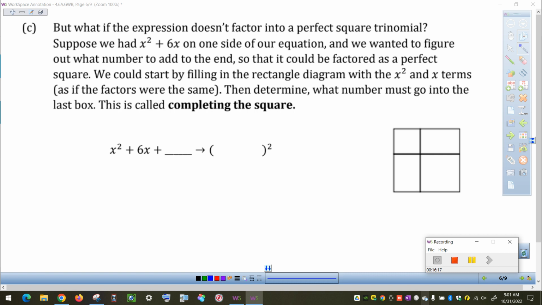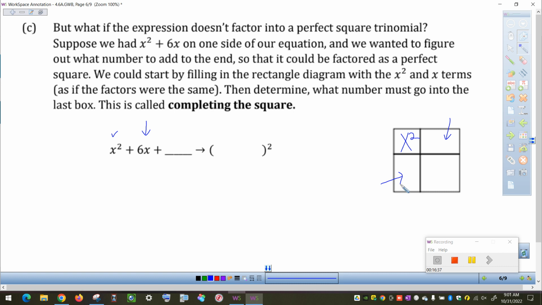I'm going to start over here with that rectangle diagram because we know some pieces, but we have to figure out a missing piece. So we can still start the same way of putting the x squared piece up here in the upper left corner. Now, when we look at the 6x here in the middle, we know that that's going to be divided in half to go into those two little sections there on the side.